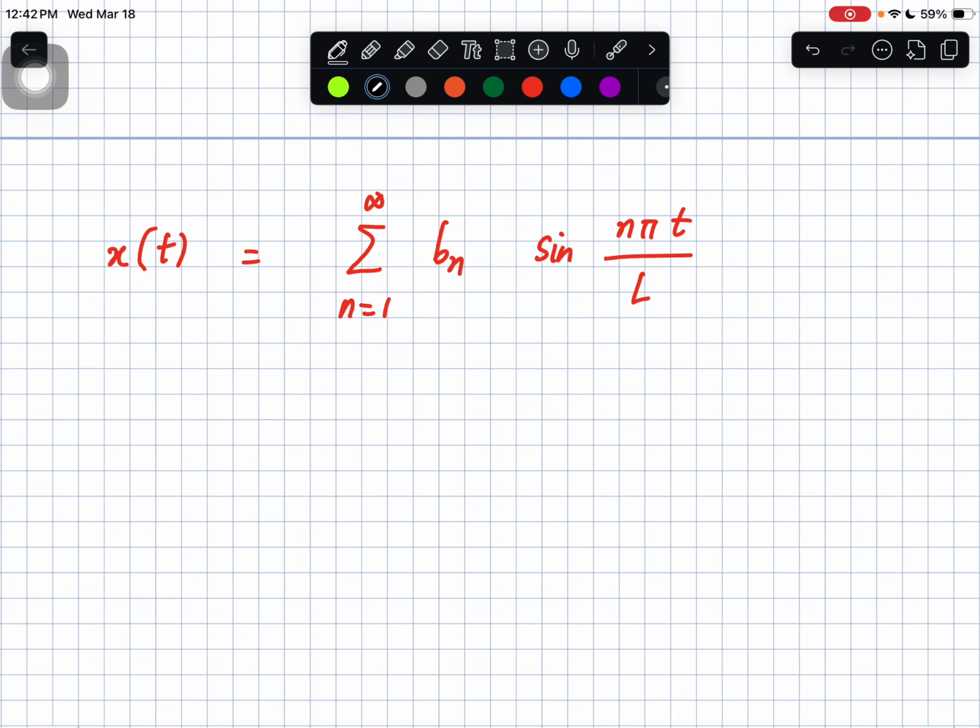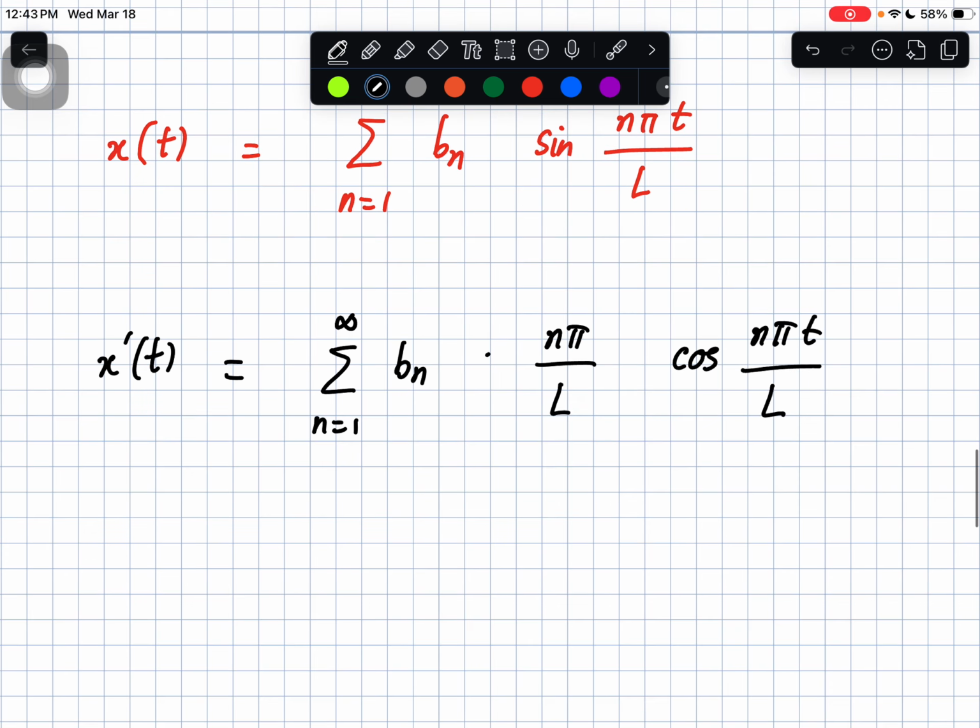Under the condition that x is a piecewise smooth function, we can do differentiation term by term. We assume that we can do it. x prime(t) is the summation, n from 1 to infinity, of b_n times n pi over L cosine(n pi t over L).